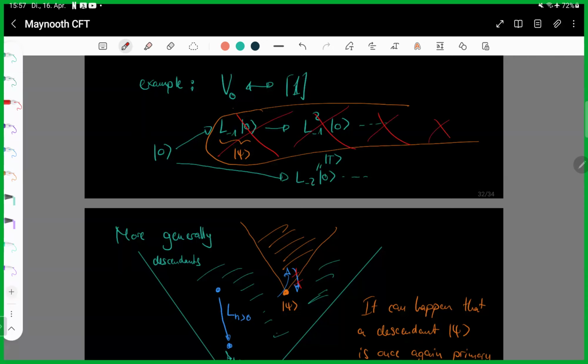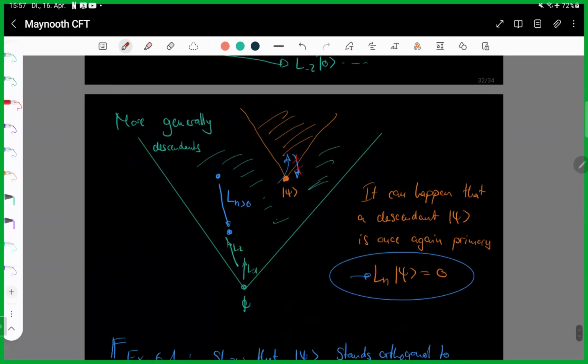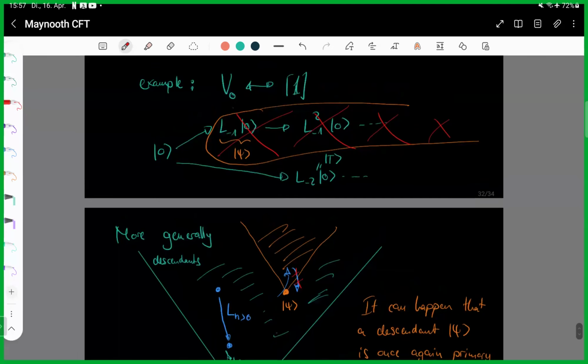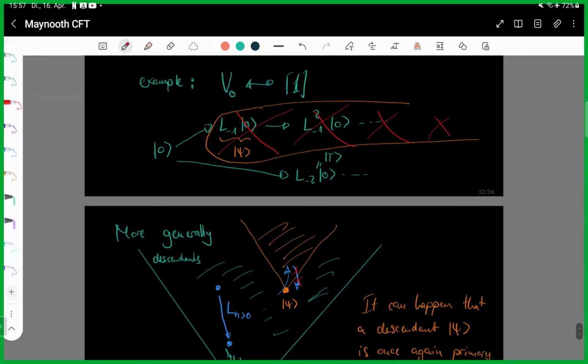Oh, okay, cool. All right. So if we didn't assume that L-1 of the vacuum was 0, we could prove that it was a submodule, or that it generated a submodule. Well, in this case, it's by assumption a submodule.